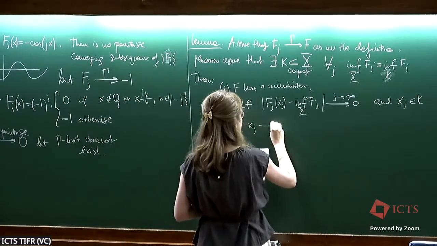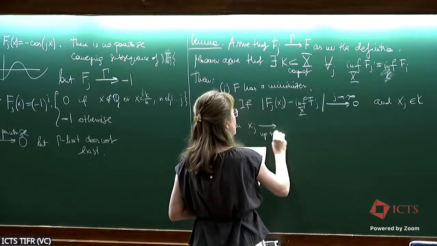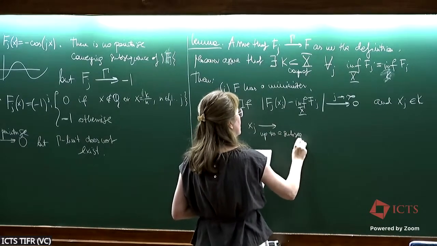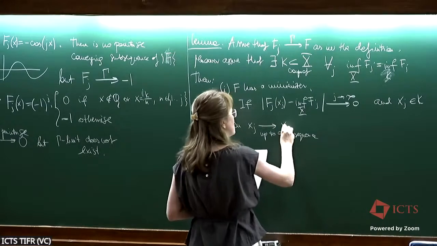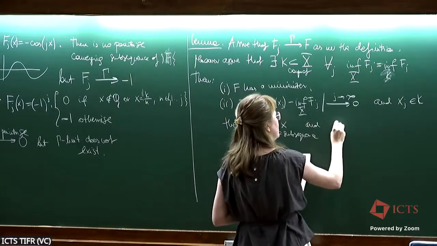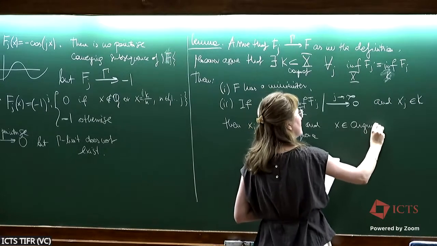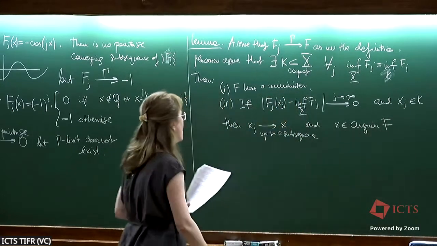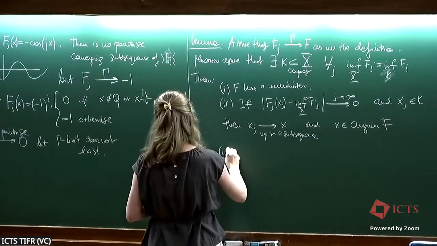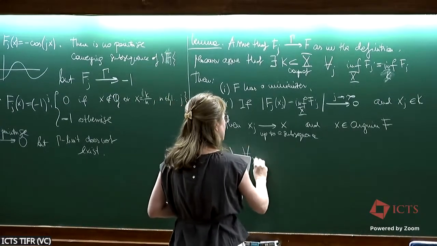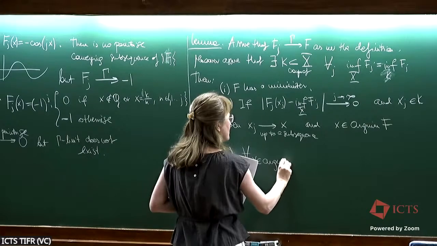So xj up to a subsequence converges to some x, and in fact x is an argmin of f.